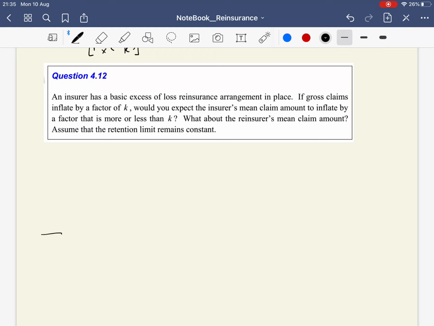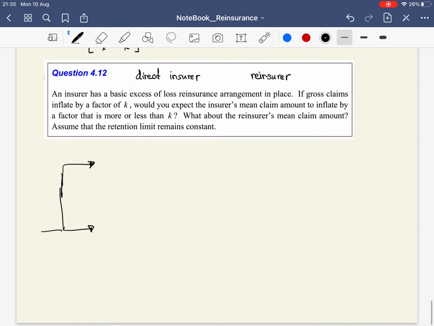To give you a clear picture, we have to answer for the direct insurer and the reinsurer. I'm not going to calculate anything, I'll just show you some figures.